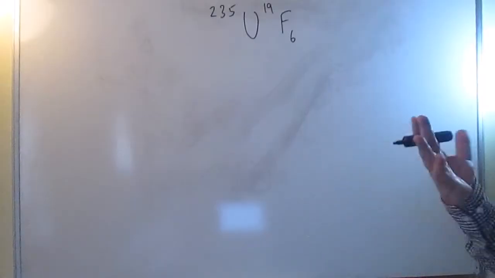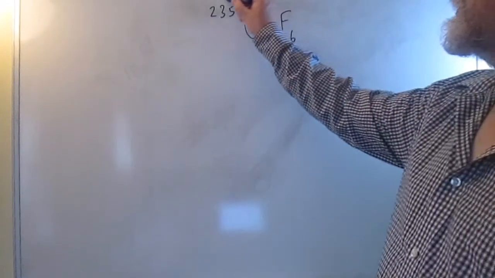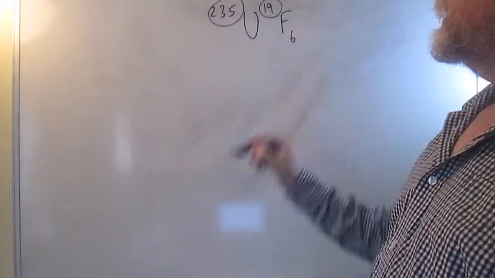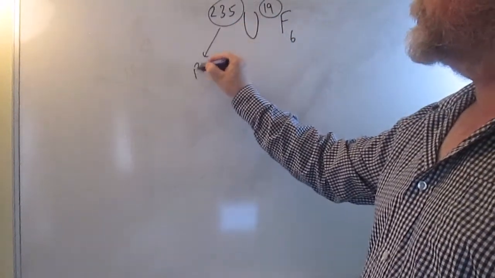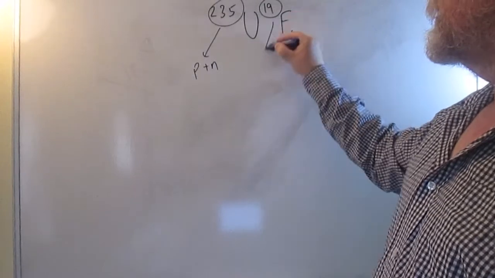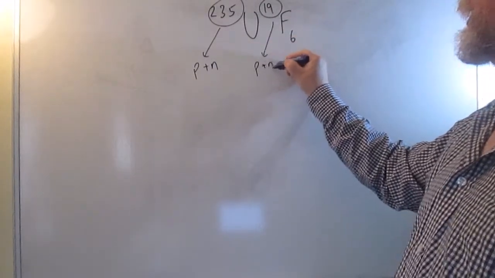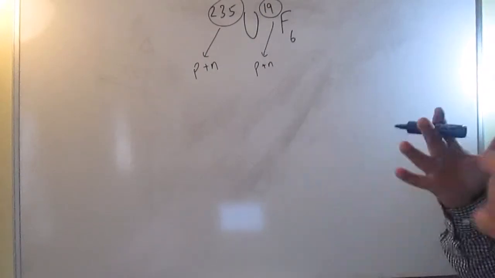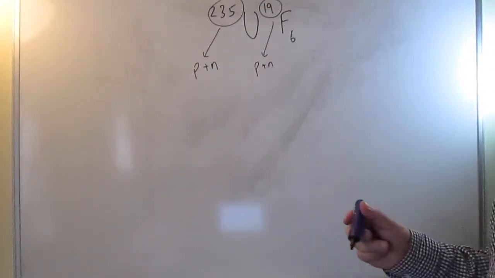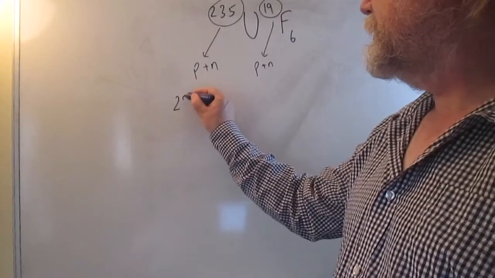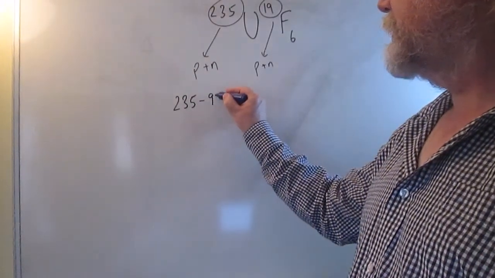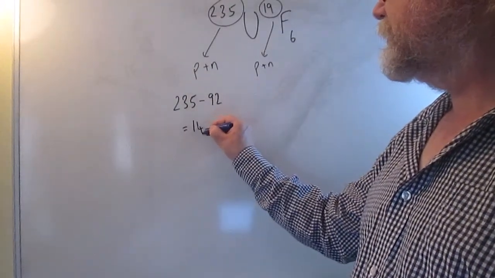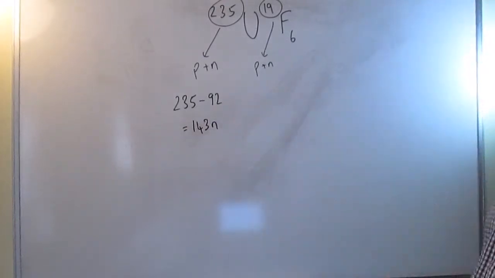In this question you just have to remember that these numbers are the mass numbers, and that those numbers are therefore equal to protons plus neutrons, the number of particles in the nucleus in each case. So for uranium-235 you look up the atomic number on your periodic table and find that it's 92. So 235 minus 92 is 143 neutrons for the uranium.